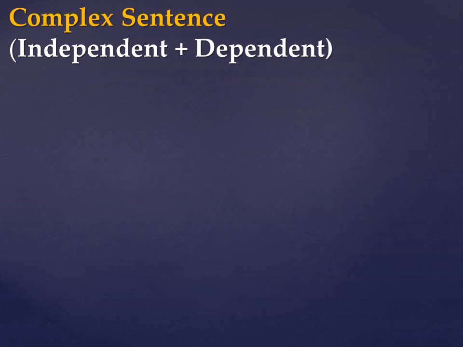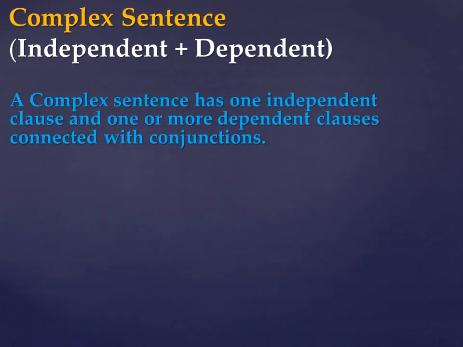Next, complex sentence. Independent plus dependent. That means in a complex sentence you will find both independent and dependent clauses. A complex sentence has one independent clause and one or more dependent clauses connected with conjunctions.